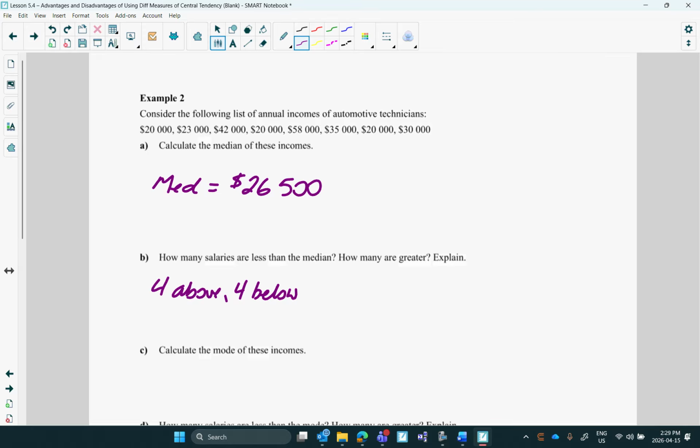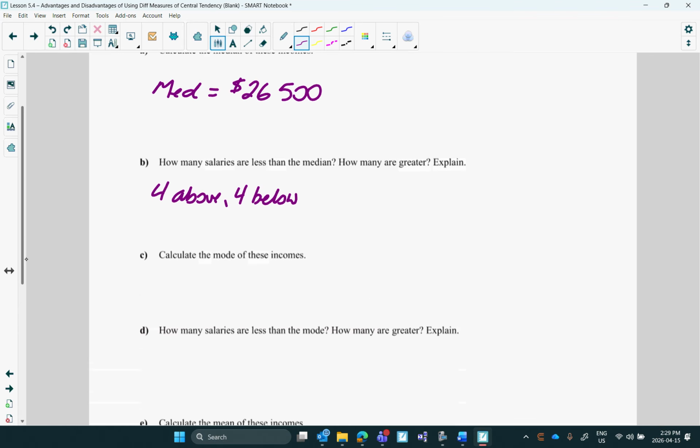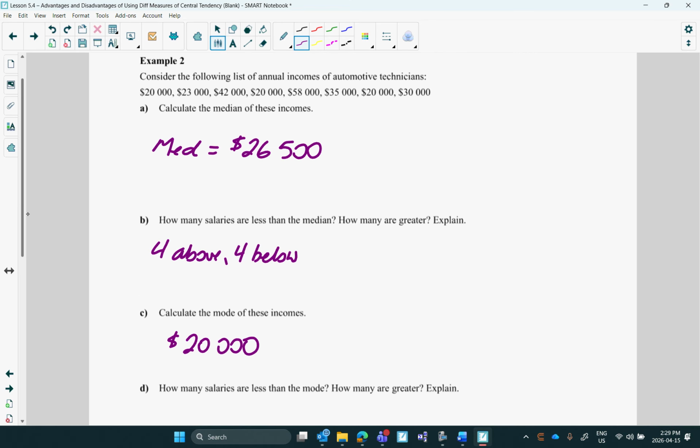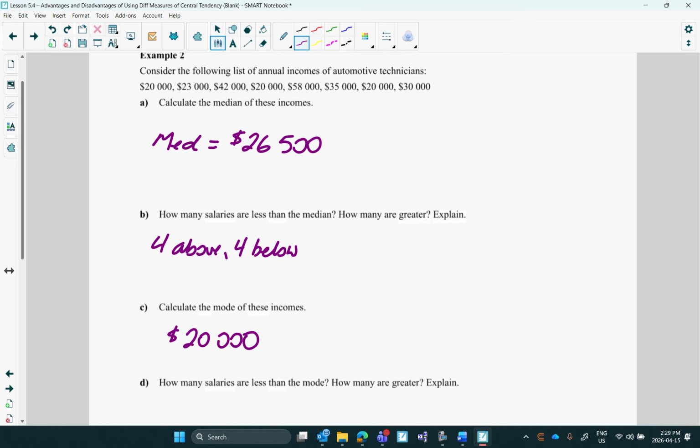How about the mode? You should be able to pick that out. 20,000. And again, how many salaries are less than the mode? How many are greater?